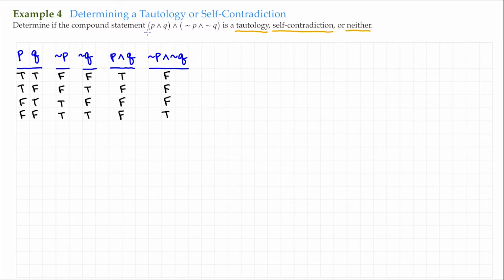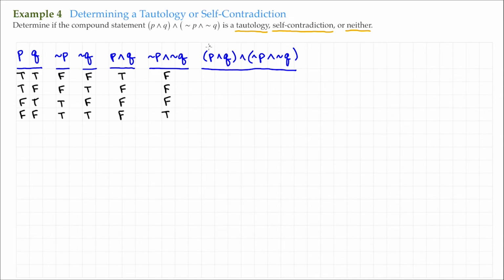Now finally, I can go ahead and construct the entire compound statement here. So I'll put in P and Q and not P and not Q. Again, this is a conjunction.